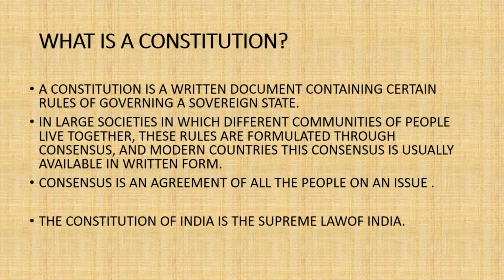Consensus, common agreement. Consensus is an agreement of all the people on an issue. Generally the consensus is available in written form. So, a constitution is a written document containing certain rules of governing a sovereign state with the consensus.